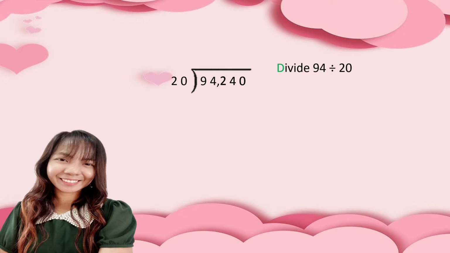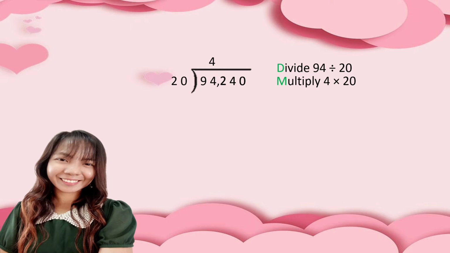I'll give you time to answer. Okay, there are 4. Okay, so the answer is 4. You have to align your answer to the last digit. Okay. Next, M, mom, means multiply. So 4 times 20.